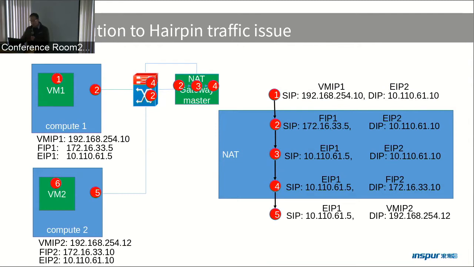Then the NAT gateway will send the packet to the original ingress interface. So the compute 2 node will receive this packet. Then OpenStack Neutron will translate floating IP2 to VM IP2. So finally, VM2 will receive this packet. The final packet has source IP EIP1 and destination IP VM IP2.